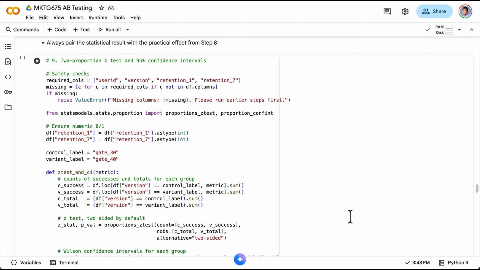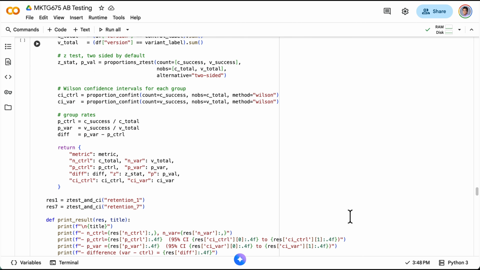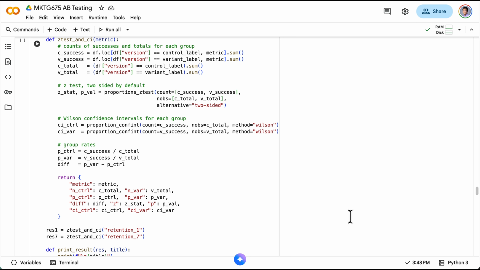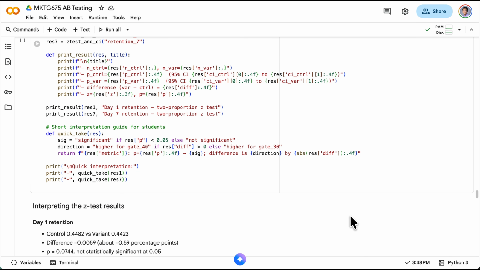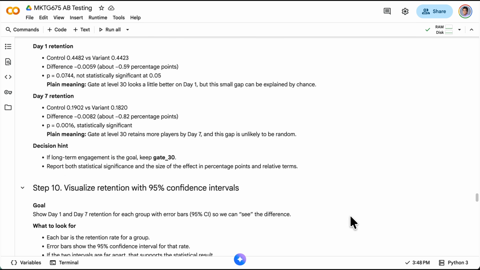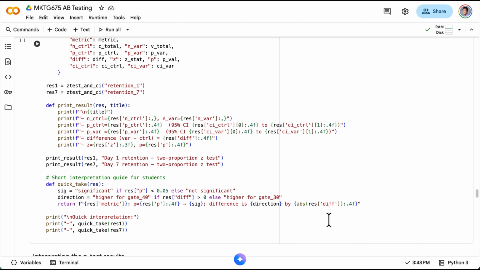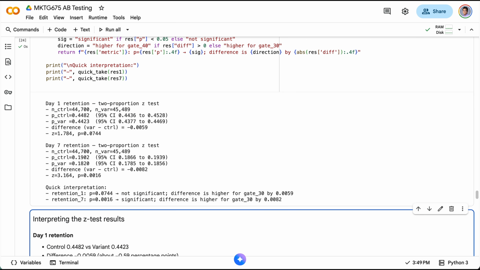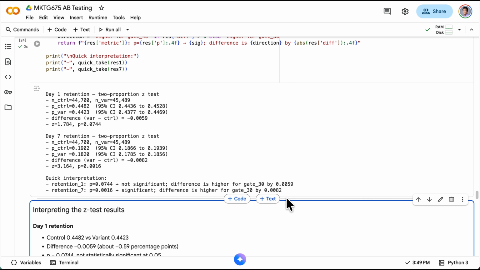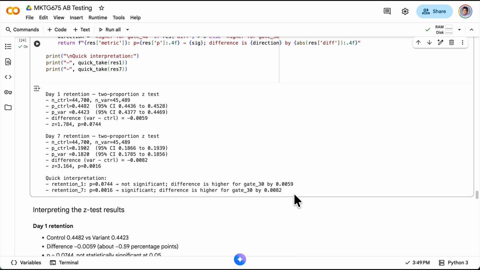This cell takes the day 1 and day 7 retention flags, counts successes and totals for gate 30 and gate 40, and runs a 2-proportion z-test for each metric. For day 1, the output says, control, gate 30, has a retention rate of 0.4482 with a 95% confidence interval from 0.4436 to 0.4528.